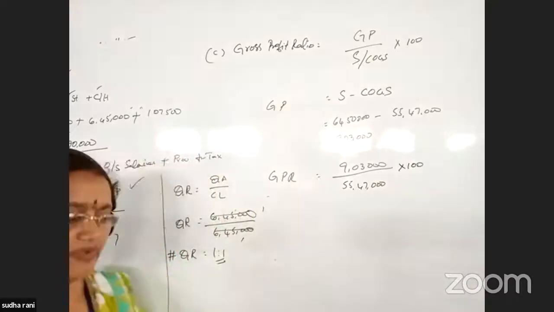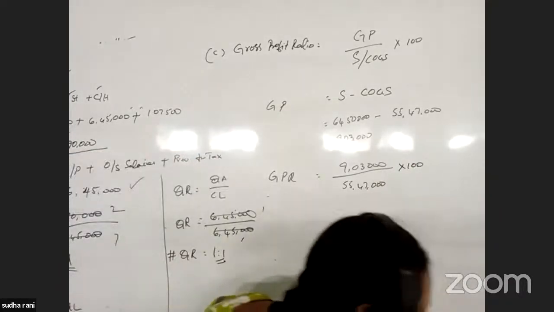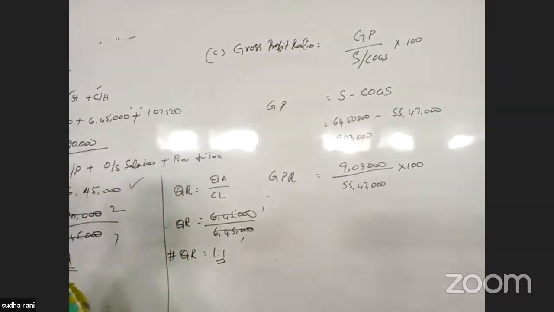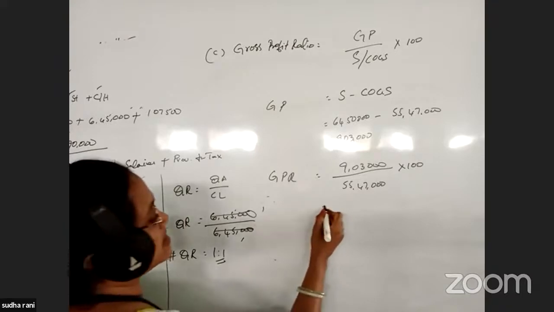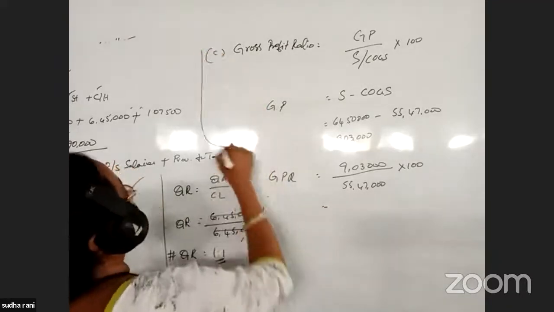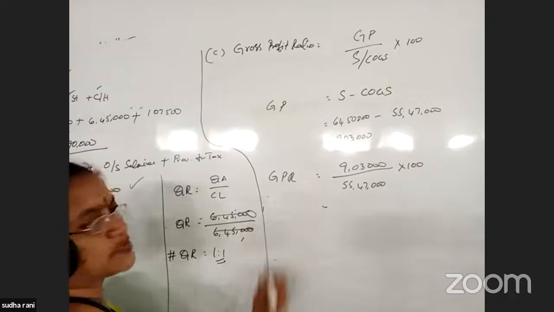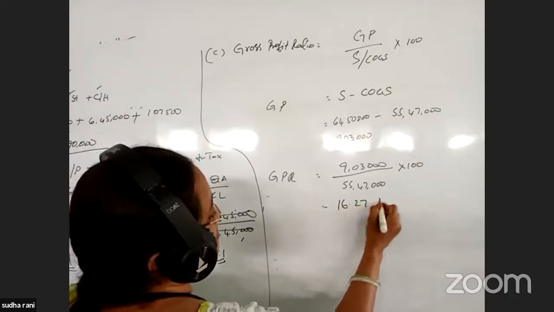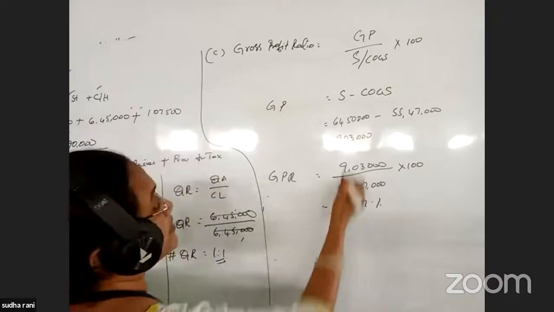Profitability ratios, we always multiply with 100, because we express it as a percentage. So please do this calculation and tell me. Gross profit ratio, 16.27%. Very good.